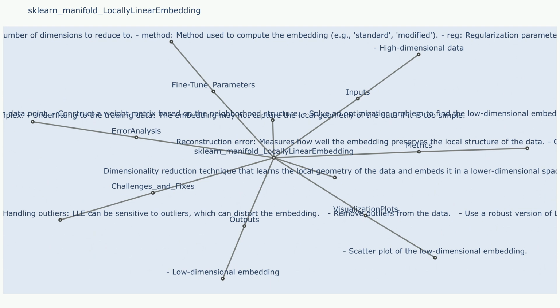Approximate neighborhood search: employing efficient approximate nearest neighbor search algorithms to speed up the neighborhood search step. Optimized solver: choosing an efficient solver for the optimization problem, such as ARPACK or LOBPCG for larger datasets.